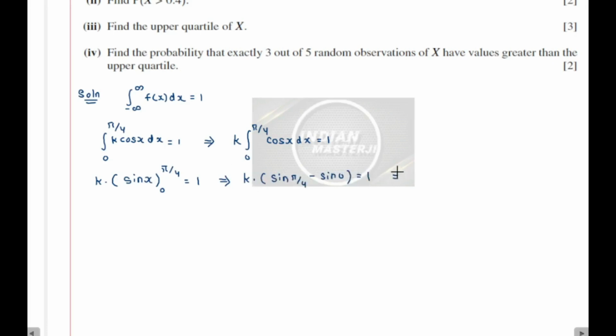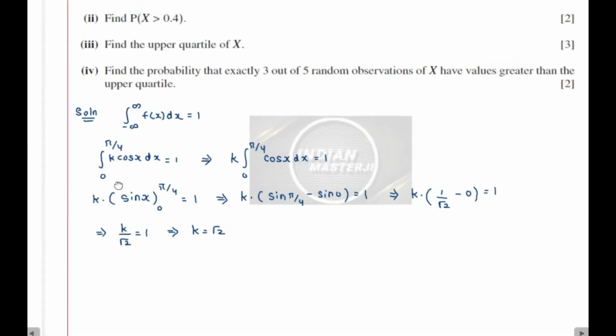So what do I get here? I get this as k into sin pi by 4, that is sin 45 degrees. Sin 45 degrees is what? 1 upon root 2, and sin 0 is 0. So that means k upon root 2 is equal to 1. It means k is equal to root 2. Correct?